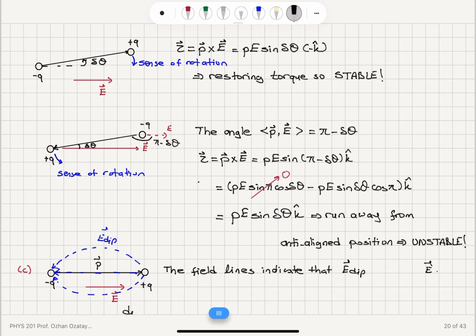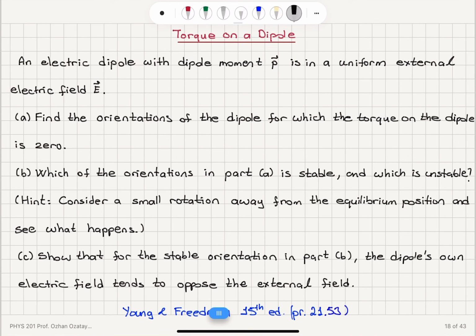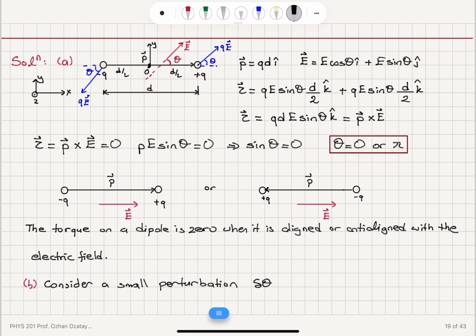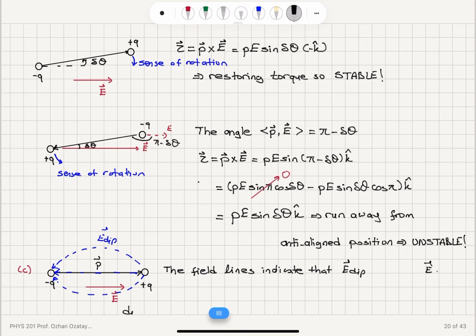All right, so that's the answer to part B. Which orientation is stable? The aligned orientation is stable and the anti-aligned orientation is unstable.